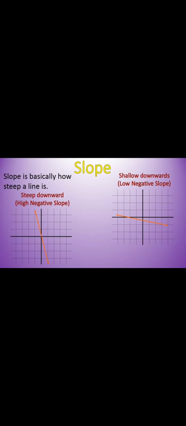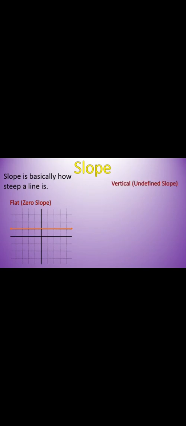So you have a steep slope, a steep negative slope, shallow positive or negative slope. And the last two kinds of slope are a flat slope, which is basically a zero slope, and that's a horizontal line, or a vertical slope, which is called an undefined slope. So that's the basics of what slope looks like.